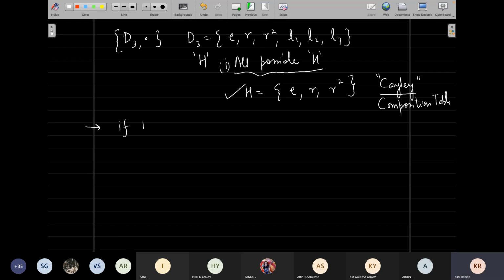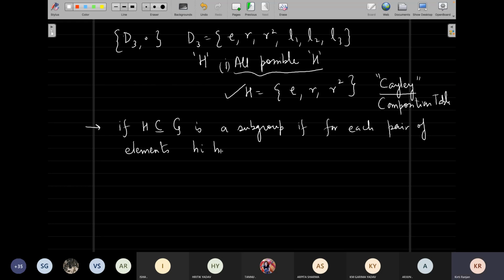If H is contained in G, then this is a subgroup if for each pair of elements Hi, Hj belonging to this subgroup H, we have Hi inverse Hj also in H. I'm not going into the proof, and those of you who are not clear, this is the binary composition.